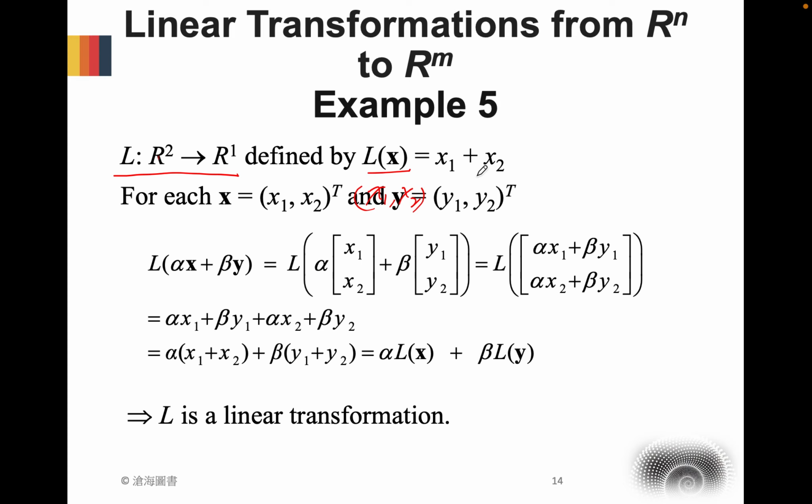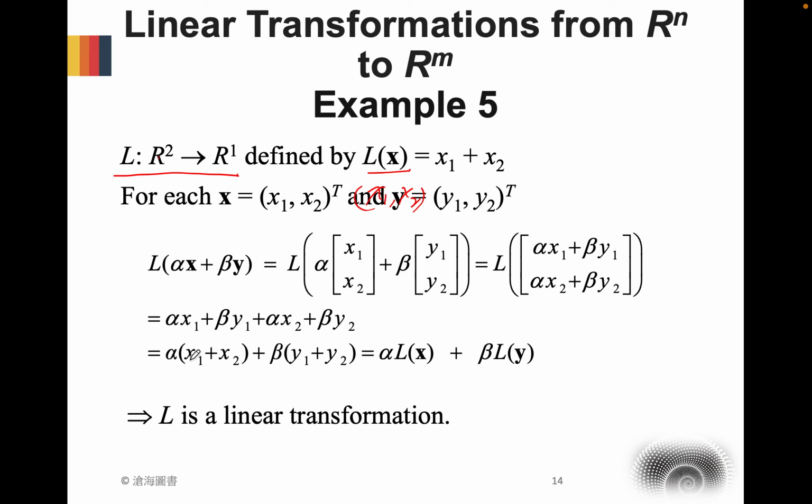So let's check if this is a linear transformation. So now, again, we input alpha x plus beta y. And then we transform alpha x1 plus beta y1, alpha x2 plus beta y2. We transform this two-dimensional vector into alpha x1 plus beta y1 plus alpha x2 plus beta y2. And then we do some rearrangement.